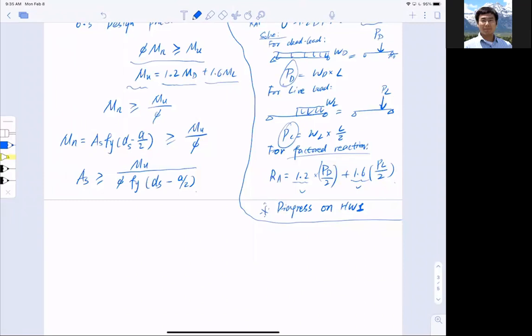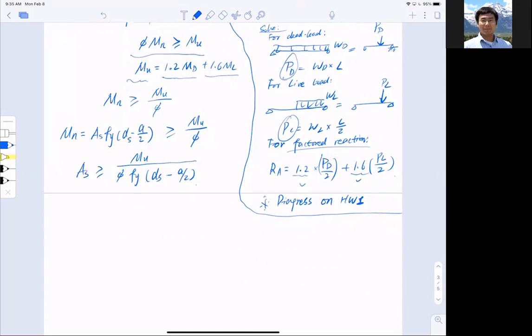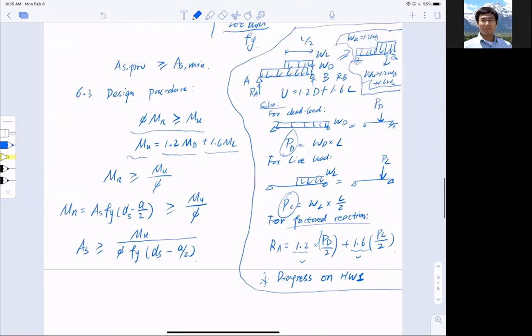So now here is our problem. Why? Right now, all I know from the get-go is I have a section, I have a height, I have a width, and I know the applied moment Mu equal to, maybe I'm just making things up, 200 kip-feet. This number is made up, and I don't know anything else.